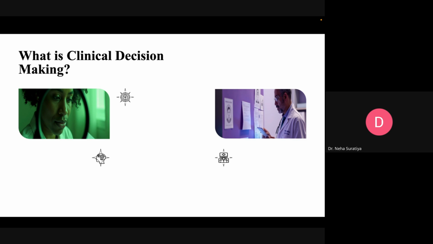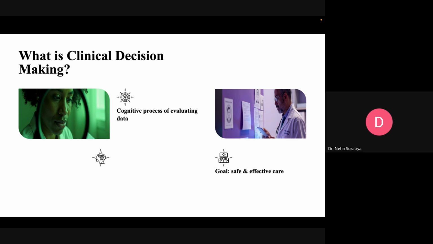Okay, so in very simple words, I can say CDM, clinical decision making, is how healthcare professionals think through a patient's problem and decide what to do next. That is what clinical decision making means, which involves the cognitive process of evaluating your whole patient's data at once.